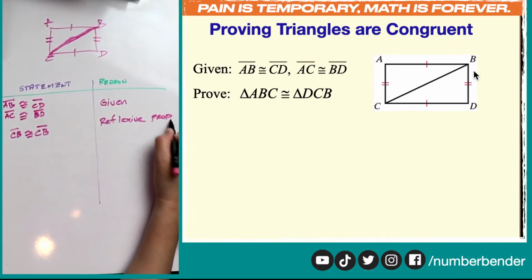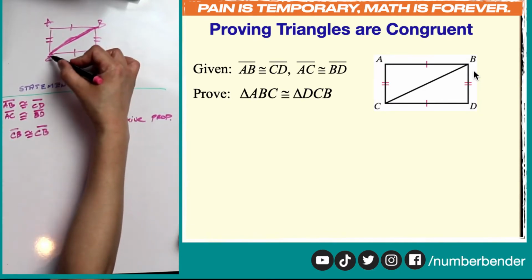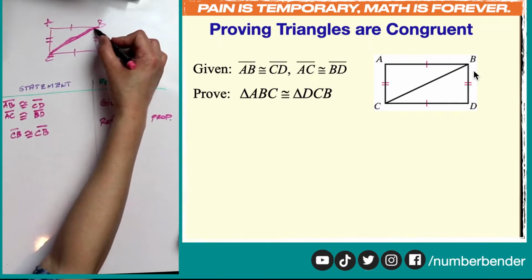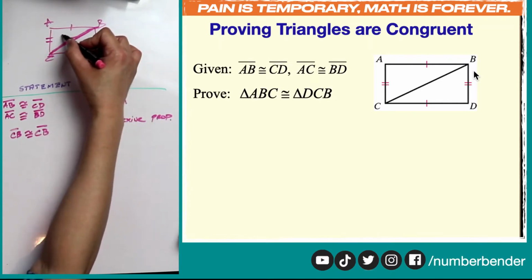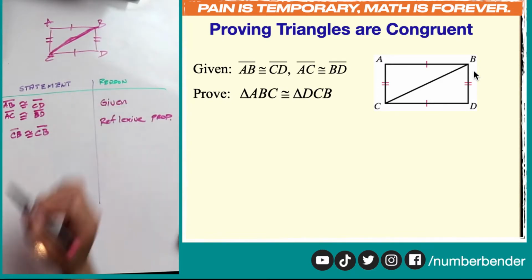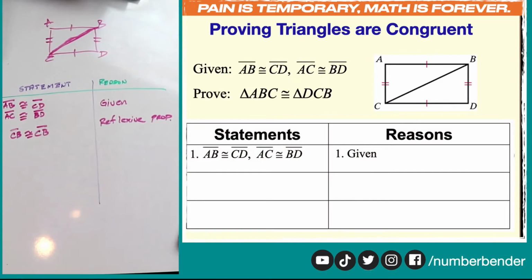We use this reason and this statement because line segment CB is the common line segment for triangle 1 and triangle 2. So this is how we are using our two-column proof to prove that those two triangles are congruent, and we're able to write CB is congruent to CB because that is the common line that they share for the two triangles that we are seeing in our diagram.